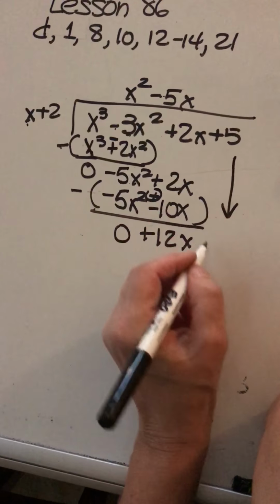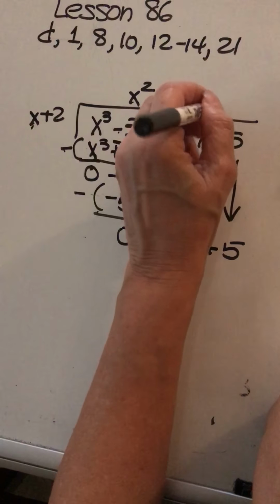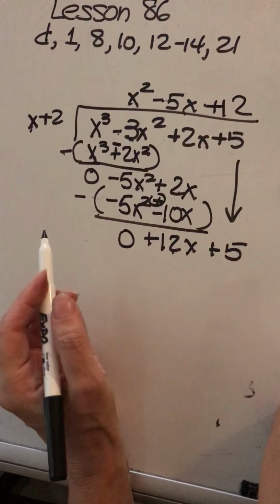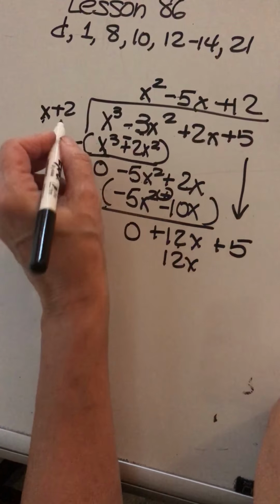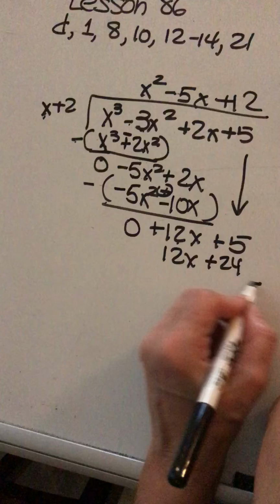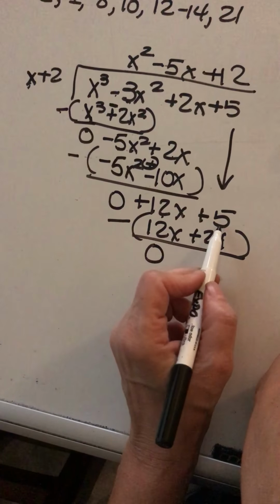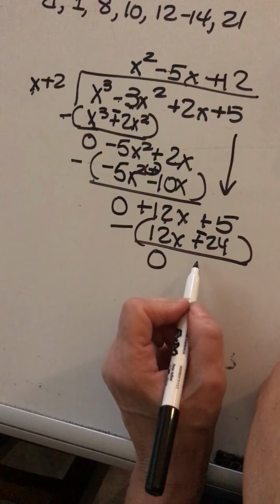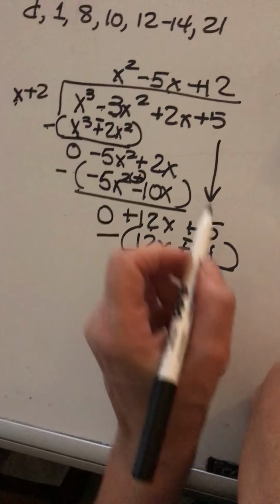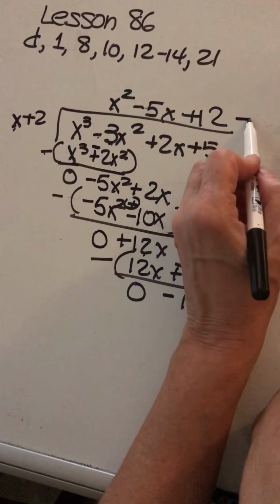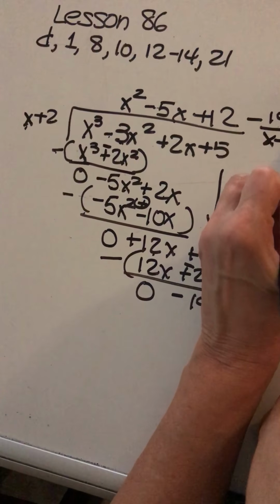I bring down my 5. 12x divided by x is 12. I multiply. 12 times x is 12x. 12 times 2 is 24. I subtract. I'm left with 0 here. 5 minus 24, that's going to be minus 19. So because it's minus 19, when I write it up here, it's minus 19 over x plus 2.